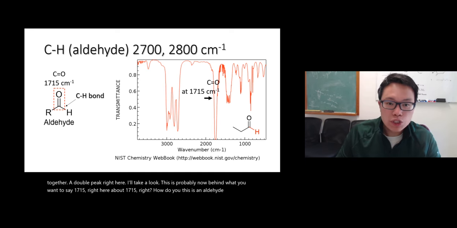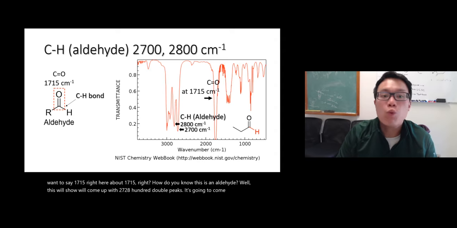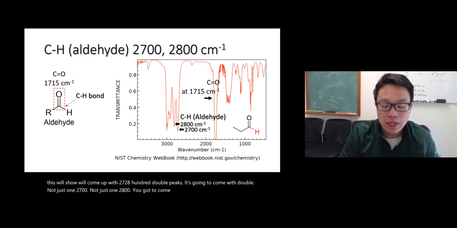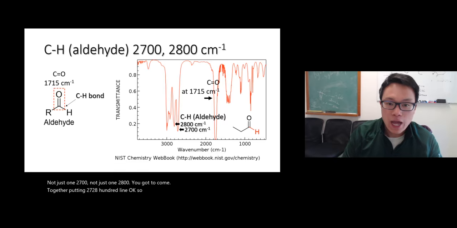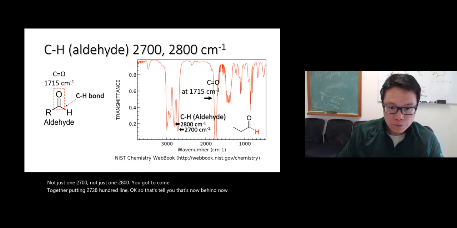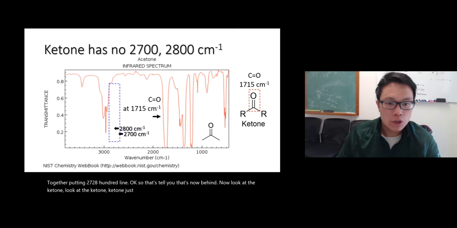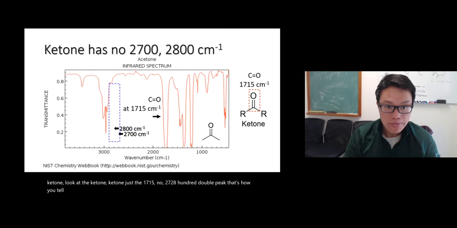Well, this will come up with 2700, 2800 double peaks. It's going to come in double, not just 2700, not just 2800. It's going to come together, 2700, 2800 line. So that tells you that's an aldehyde. Now look at the ketone. Ketone, just the 1715, no 2700, 2800 double peak. That's how you tell the difference.